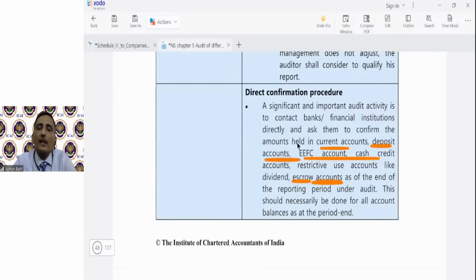So what they do is they open an escrow account, and the money is kept in that escrow account, and when the other party performs his part of the obligation, then the amount is paid from the escrow account.